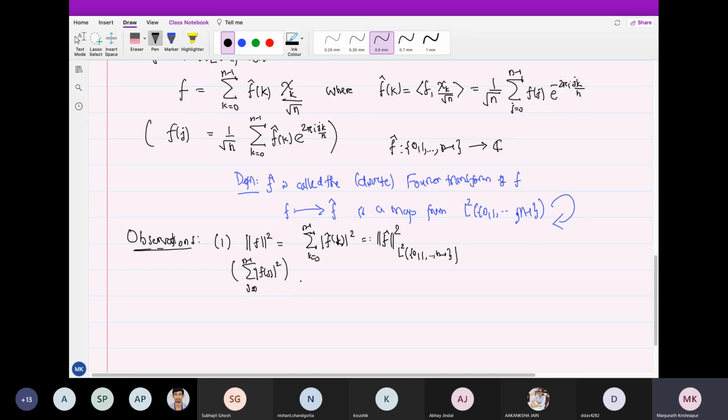More generally, you can take the inner product of two things in L2 of Zn. By definition this is the sum of f(x) times g(x) conjugate. The inner product can also be computed using the orthonormal basis: it is the sum of f hat of k times g hat of k conjugate.